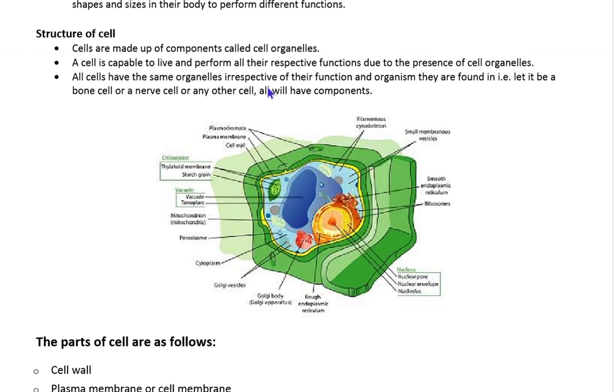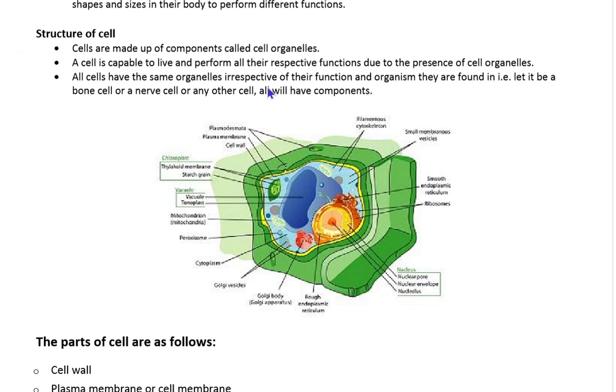For example, in the human body, different organ systems are present to carry out different functions, such as the digestive system, circulatory system and respiratory system. In the same manner, to carry out the functions of a cell, there are small components in the cell, and each component is called a cell organelle. A cell is capable of living and performing all its functions because of the presence of these organelles.